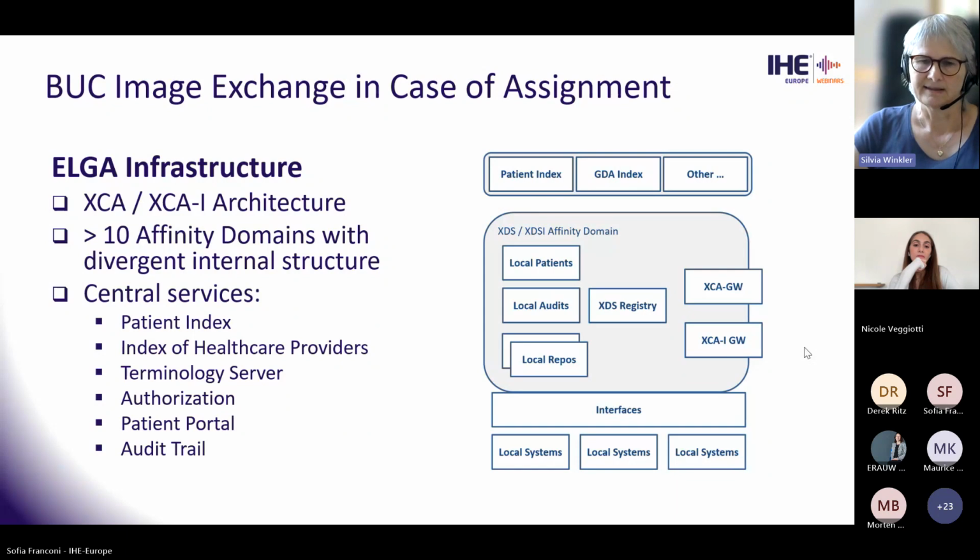The local affinity domains are structured like XDS affinity domains with registries and one or more local repositories. The link between these affinity domains is done via gateways.